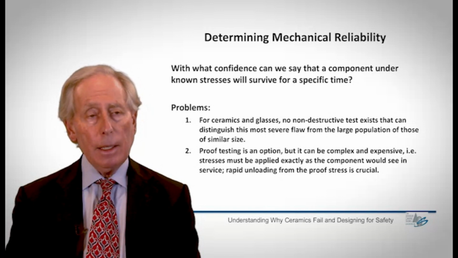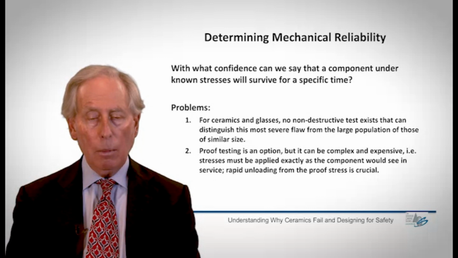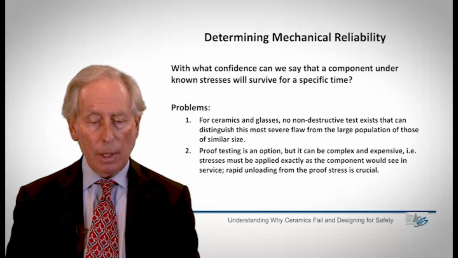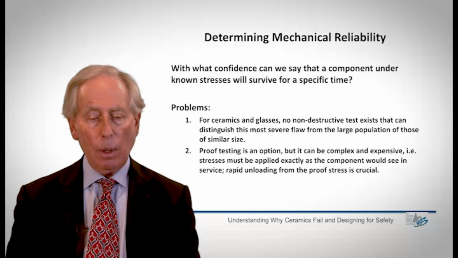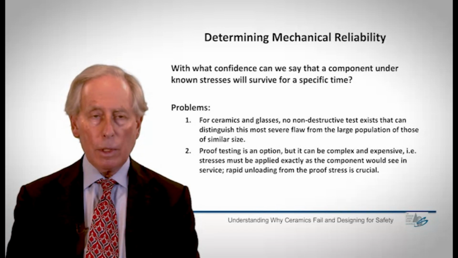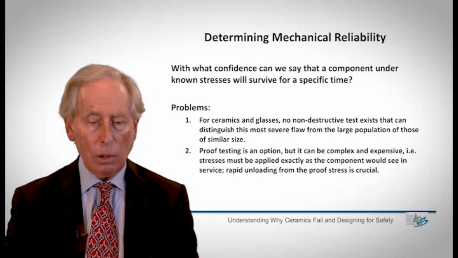There's another technique called proof testing, which has been used for ceramic materials, but it's complex, it's expensive, and the difficulty is you have to apply the proof test stress exactly as the component would see the stress in service, or it's not particularly effective. Give you an idea what a proof test looks like.